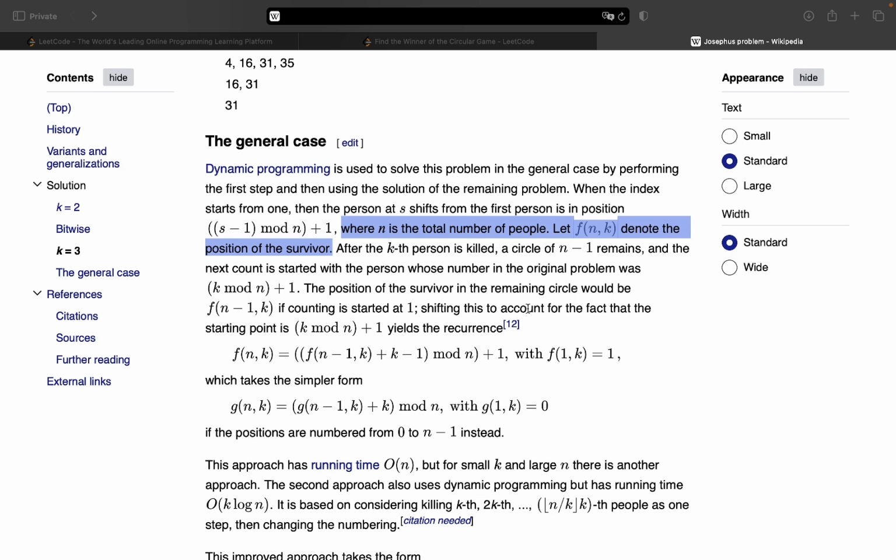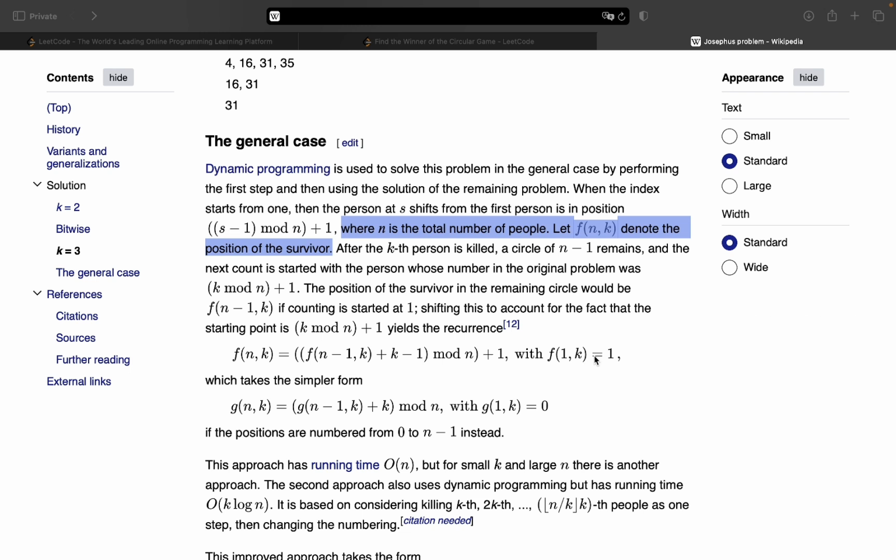To shift it, we need to start at k modulus n plus 1. This is for the recurrence. So f of n will be f of n minus 1, k plus k minus 1 mod n, plus 1, with f of 1 being the base case when one person remains.